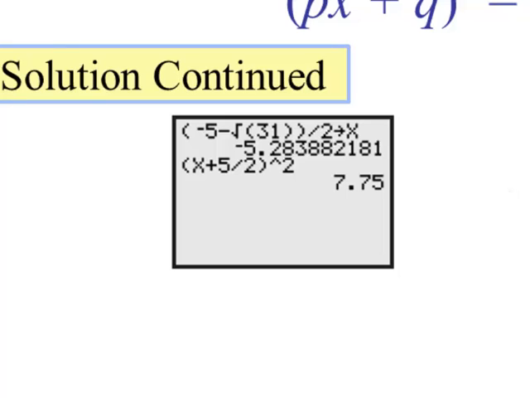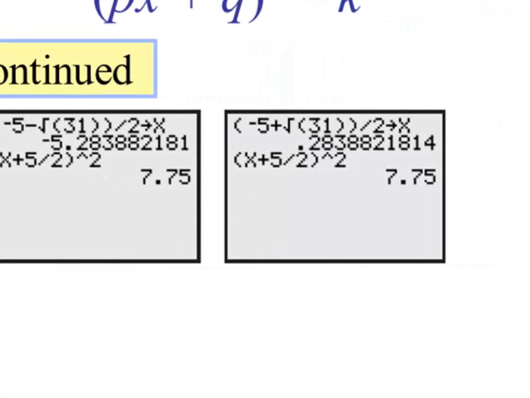Next, the left hand side of the equal sign was x plus 5/2 quantity squared, and when we substitute our x that we saved by using the store feature, we see it's equal to 7.75. So it checks.